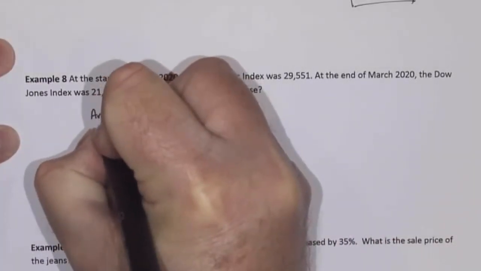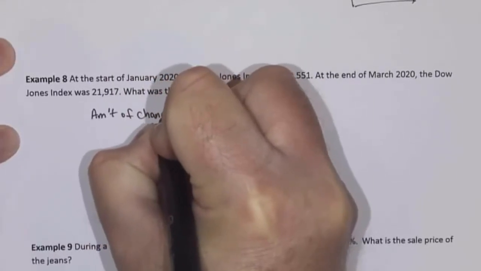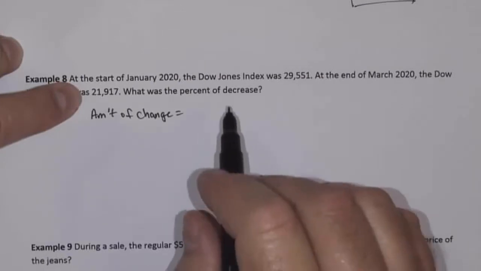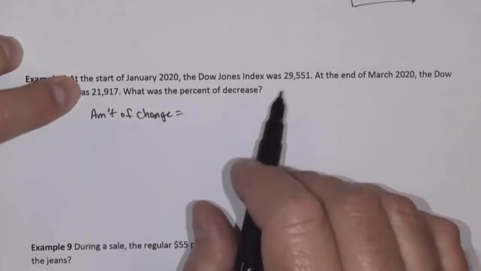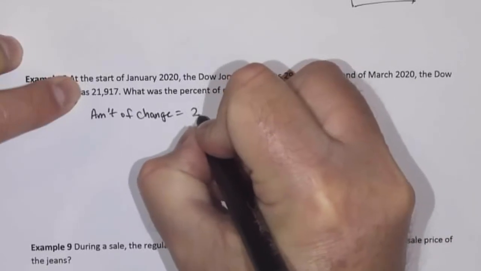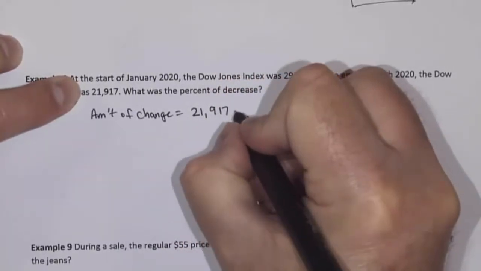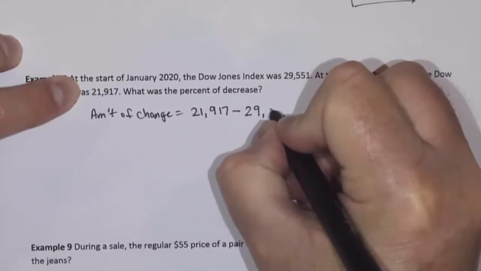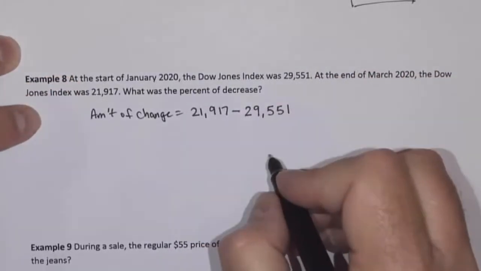So our amount of change is going to be the new amount minus the base amount. So that's going to be 21,917, that's a new amount, minus the base amount, which is 29,551.